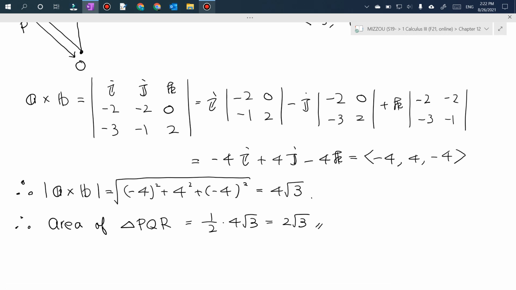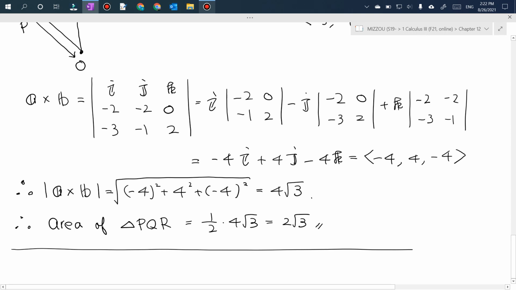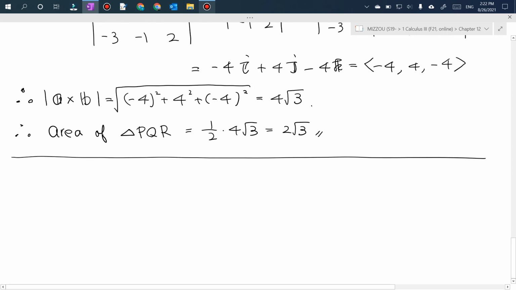Okay. Then now, as the last thing in this section, let me list some of the properties of cross product, more like some algebraic properties of cross product.